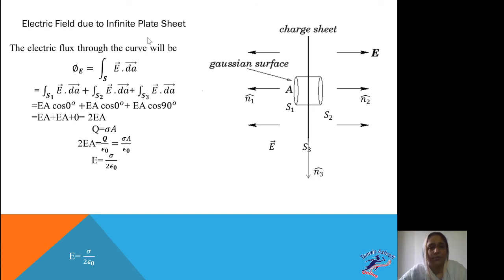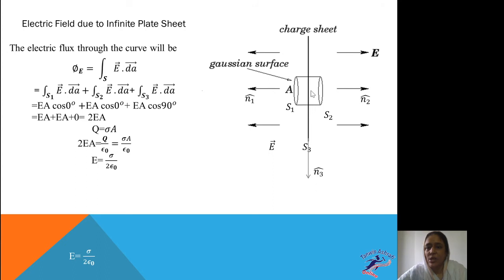Second problem, we will see the electric field due to an infinite plate sheet. Let's suppose we have an infinite plate sheet, and we will draw a Gaussian surface over here.